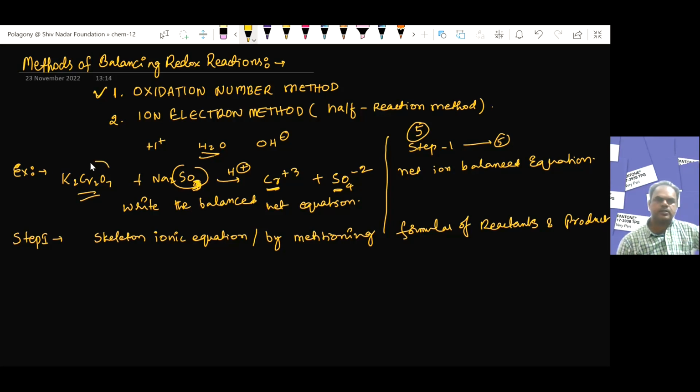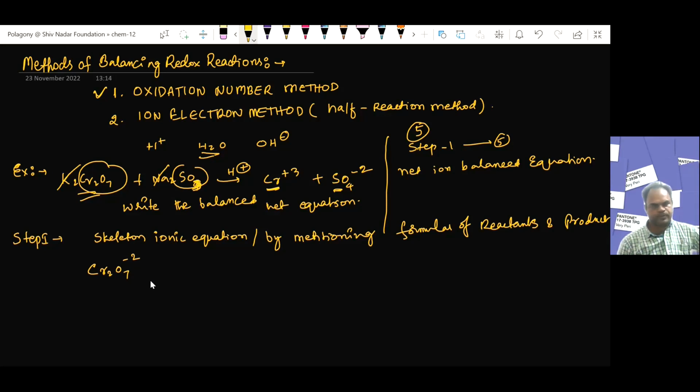For example, potassium dichromate and sodium sulfite. Since potassium ion is a spectator ion, we need not mention it. So first you write the skeleton ionic representation of the reaction.